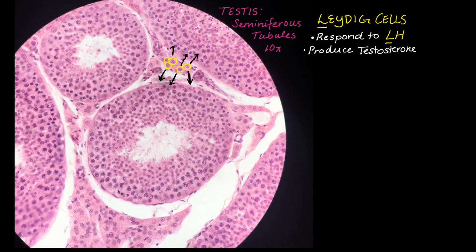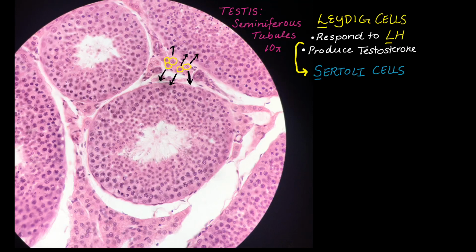That testosterone that is then produced flows into the seminiferous tubules and triggers the Sertoli cells. Some of that testosterone is also released into the blood plasma, but we're going to follow the pathway of how it acts on the Sertoli cells.